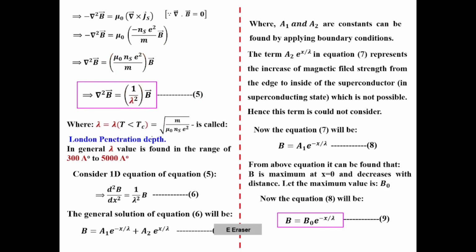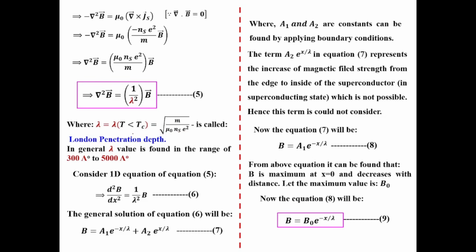You just remember this expression, it is the most important expression. Upon this expression, you can face a numerical in your exam. Just remember, most important expression. This lambda is called your London penetration depth.